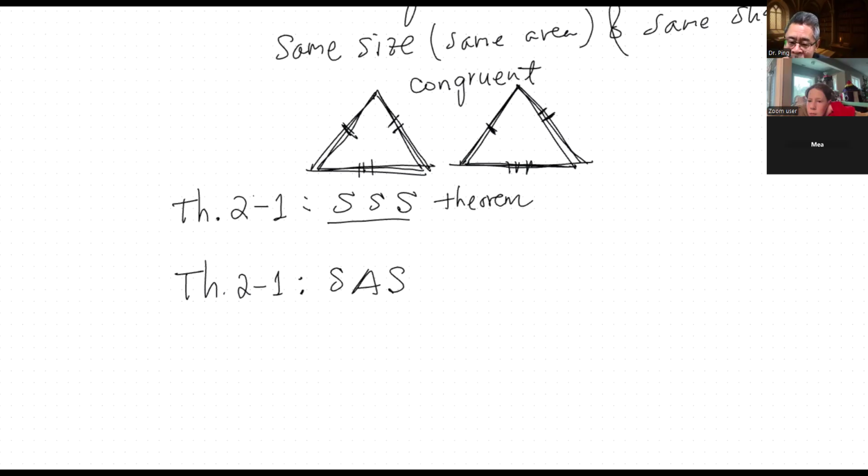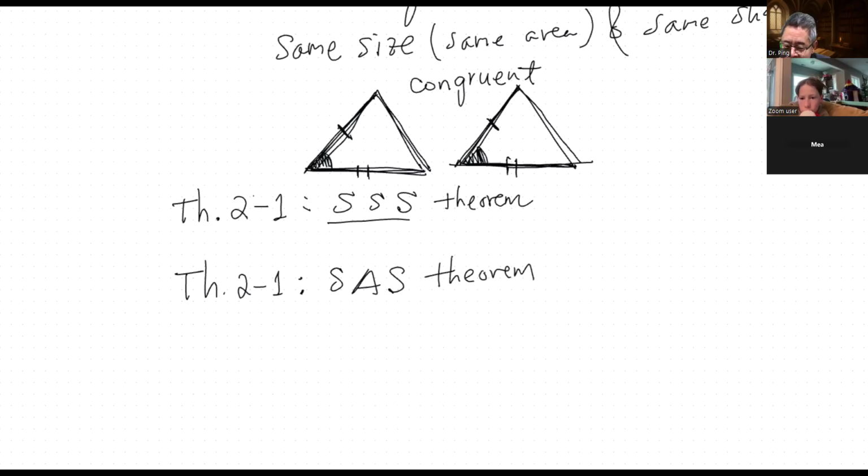For example, if we have a triangle like this, and we know this side and this side are congruent to this side and this side, and also the angle between those two sides is congruent, that's why we put the angle in the middle, then these two triangles are congruent. So this is called the side angle side theorem.